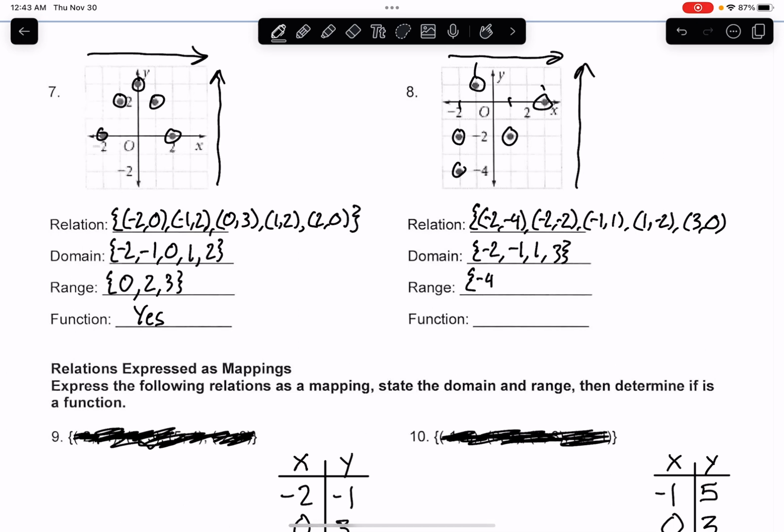So -4, -2, 0, and 1. Yep, that seems to be our range. Is it a function? Well, I've got a -2 and a -2 repeating. So, no. We have repeated x values, repeated numbers in our domain. So this is not a function. Remember, y's can repeat, x's cannot.